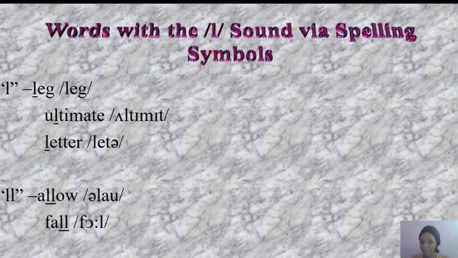Double L is pronounced in that manner as well. And we have the word bullet. You get it right? As you can see, the double L also has that sound in it.